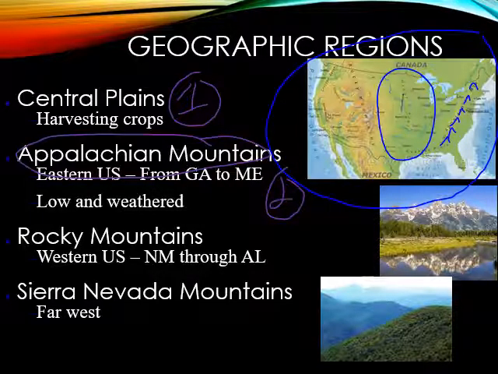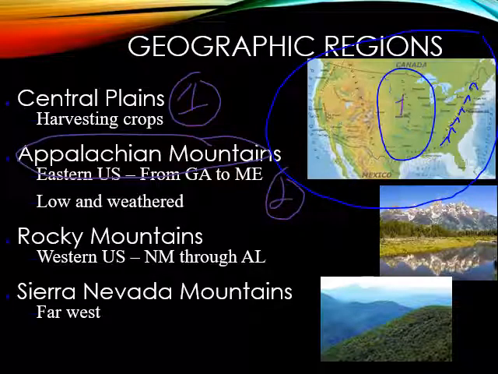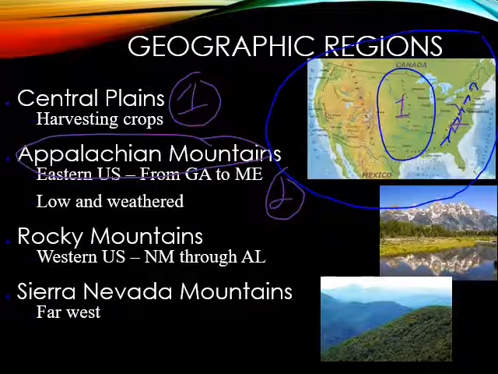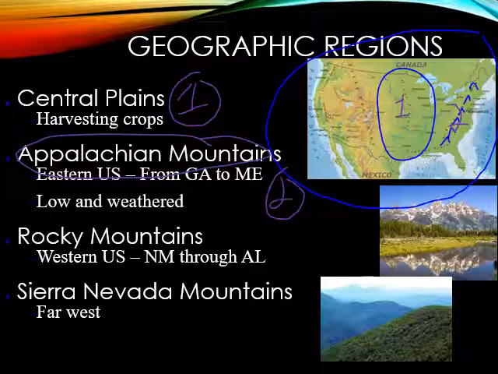We can put those numbers right here, number 1 and number 2 is on these mountains. Those mountains run all the way from Georgia up to Maine, and they're low and weathered mountains, which means that they're basically just like giant hills. They're rounded on the top, they're covered in trees, not super rocky.